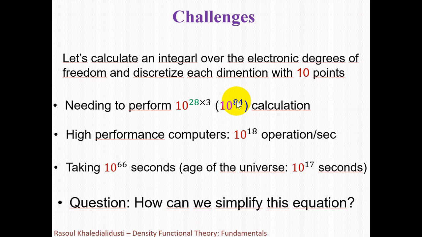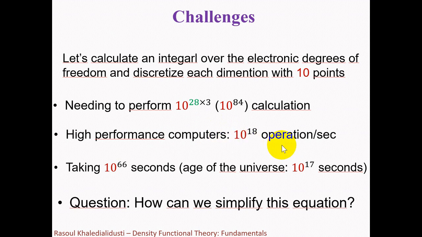That means that we have 3 times 28, which is an 84-dimensional space. That's a big number for a simple system including only two atoms. Now let's see how big it is. The largest supercomputers today can do 10 to the power 18 floating point operations per second.